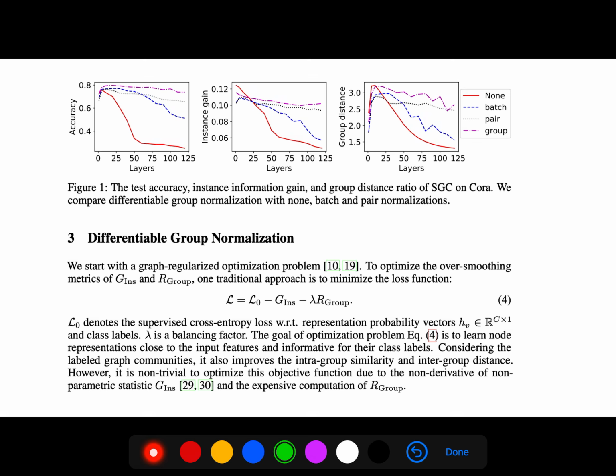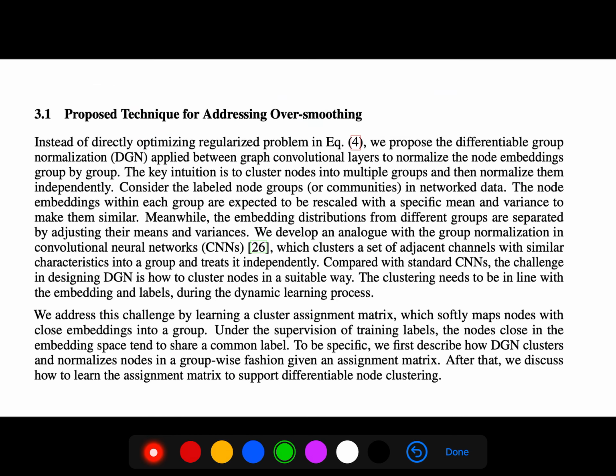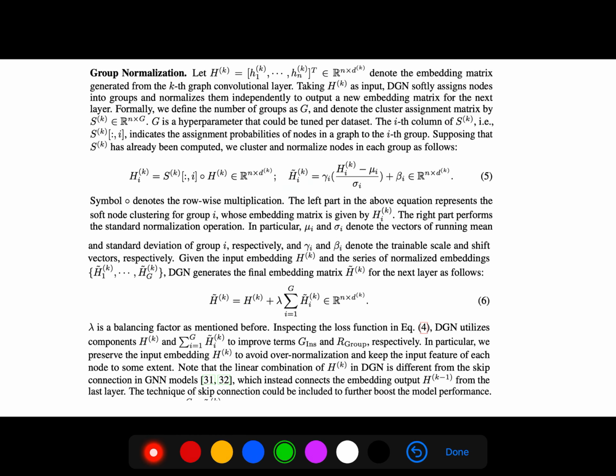So we start with a graph regularized optimization problem. To optimize over the oversmoothing metrics of G and R, one traditional approach is to minimize this loss function. But there is group normalization, where the ith column of S indicates assignment probabilities of nodes in the graph to the ith group.